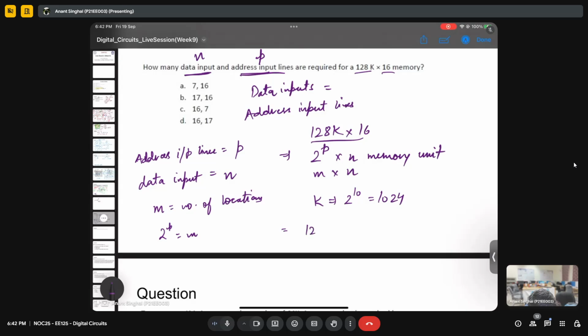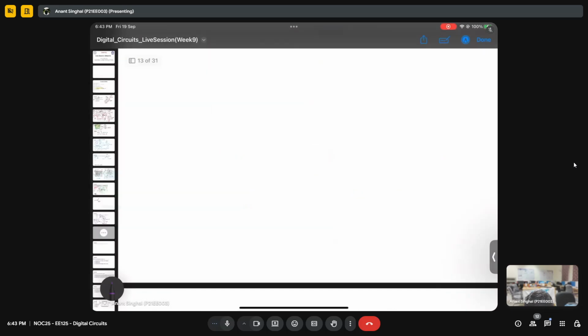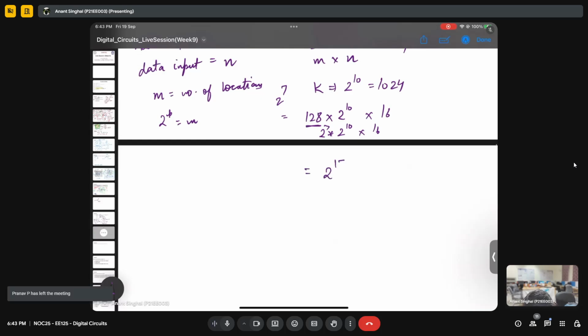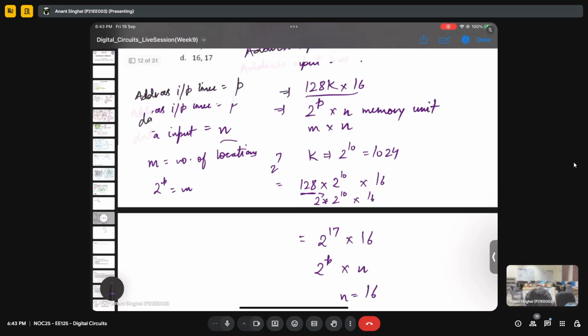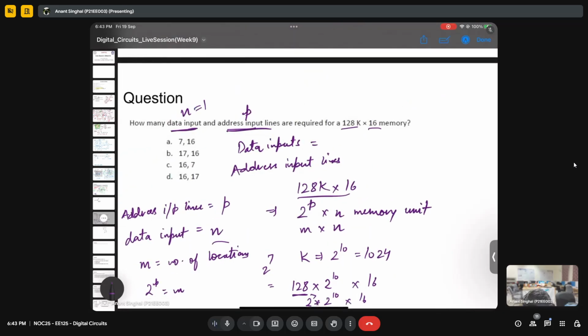So I can write 128 cross 2 raised to power 10 bytes cross 16. 128 is 2 raised to power 7, so this is 2 raised to power 7 times 2 raised to power 10 cross 16, which is 2 raised to power 17 cross 16. Comparing with 2 raised to power p cross n, n is 16 and p is 17. Data input is n, so 16, and address input is 17. So the correct answer is option D.